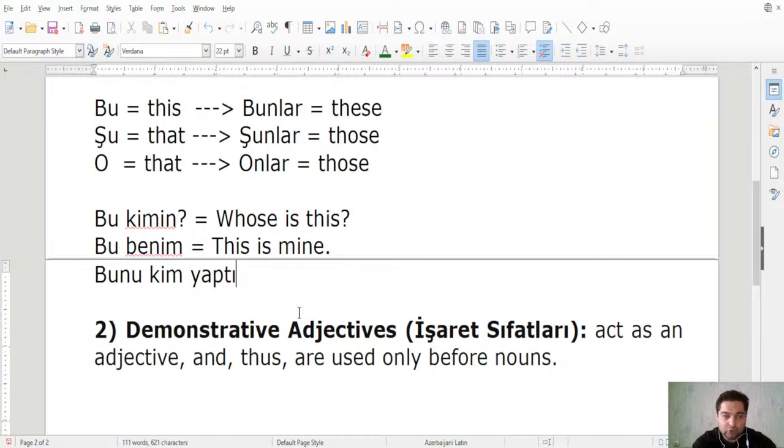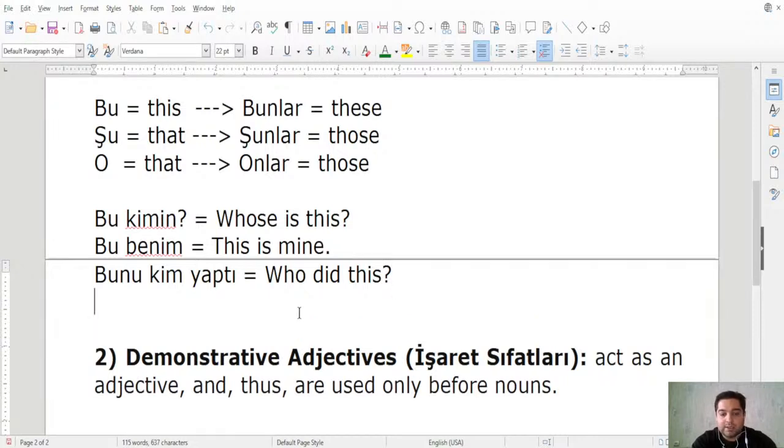Because bu, bunu, i, ı, u, ü endings added to nouns or pronouns make it accusative case. Who did this? Bunu kim yaptı? You don't say bu kim yaptı, right? Bunu kim yaptı? Because this is accusative case. Or you can say onu verir misin? Okay.